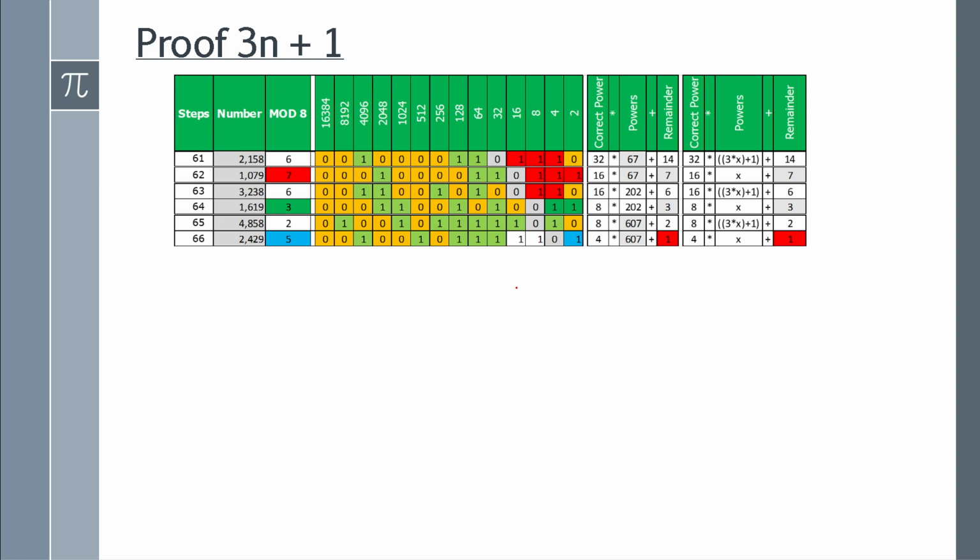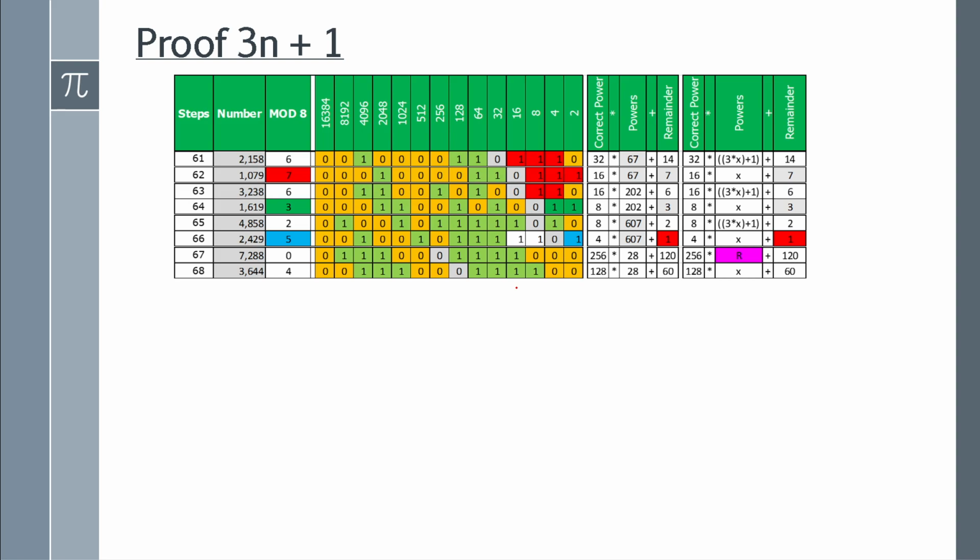We hit this 2429, and I guess it's going to go up to 7288, divide by 2, and now we're going to be at an even number that is less than 2429. Right, 1812 or 1822.